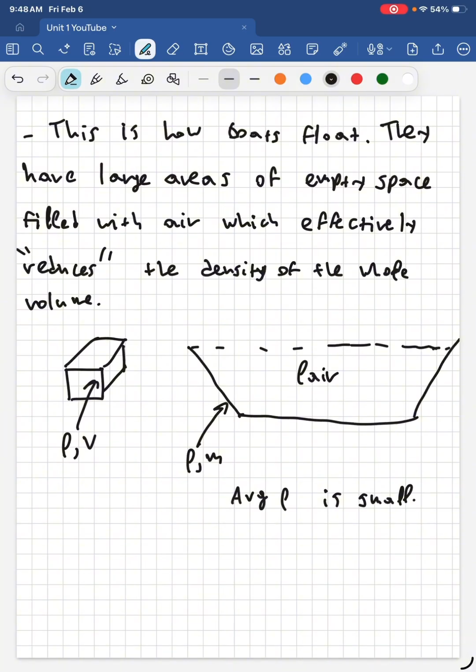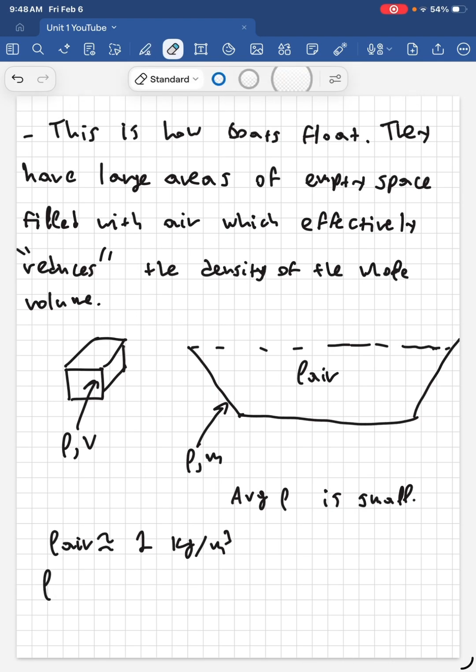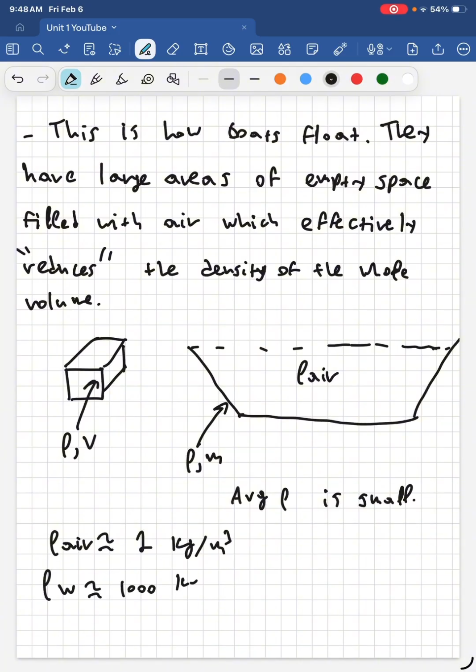And again, I remind you that the density of air is about 1 kilogram per cubic meter. The density of water is about 1,000 kilograms per cubic meter. And the density of metal is about 10,000 kilograms per cubic meter.